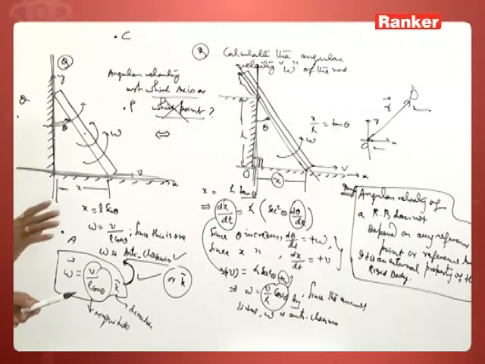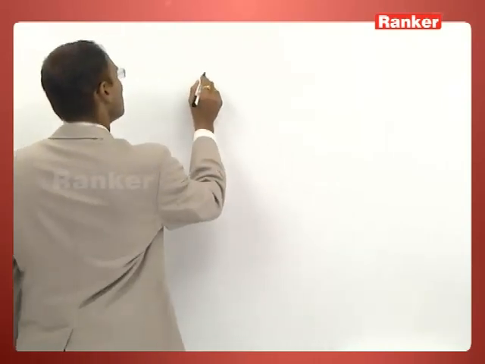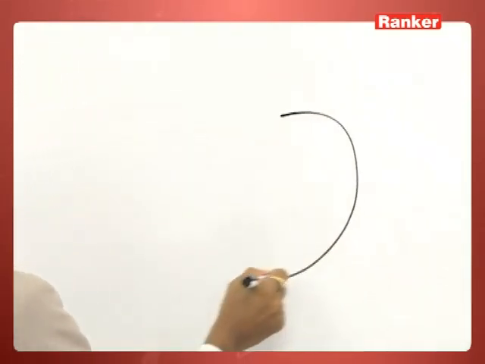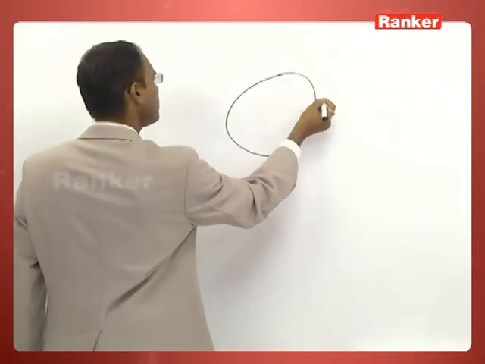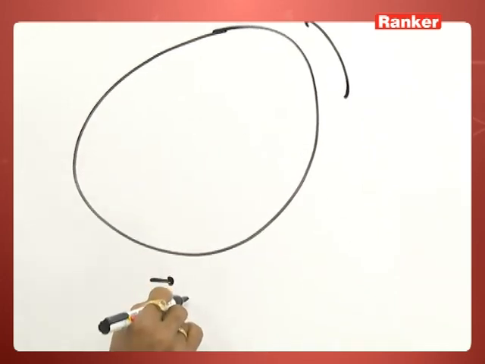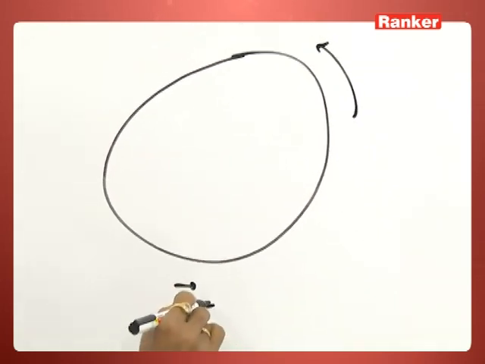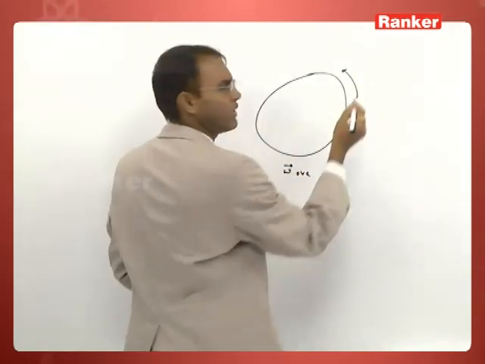Then I can make it a general statement, drawing a general diagram. So the angular velocity of a rigid body is positive when the rigid body rotates in this way.